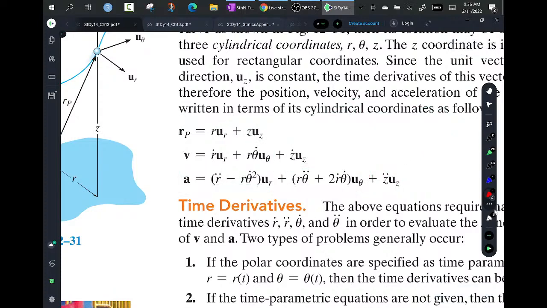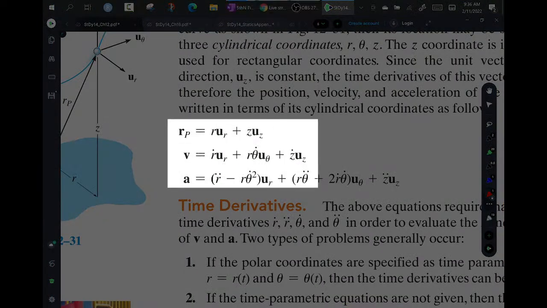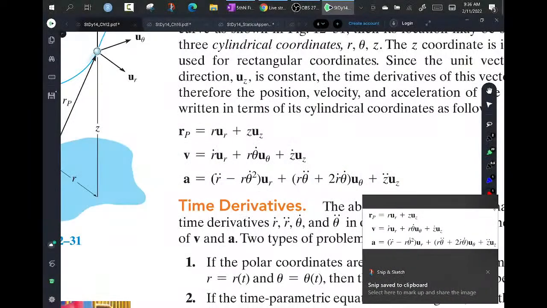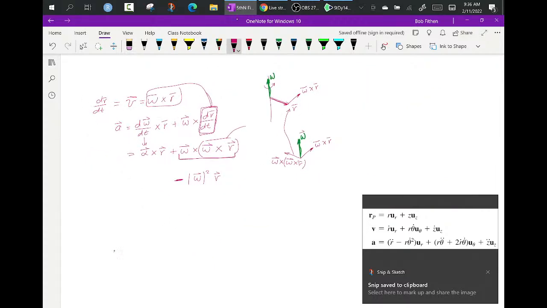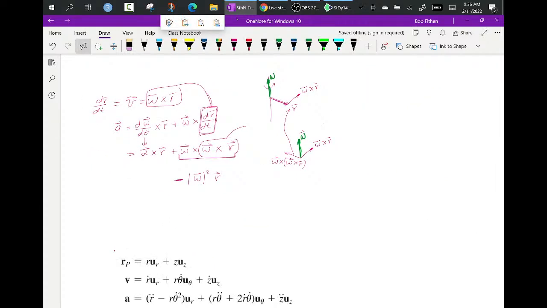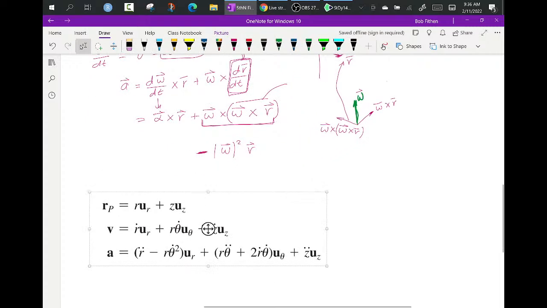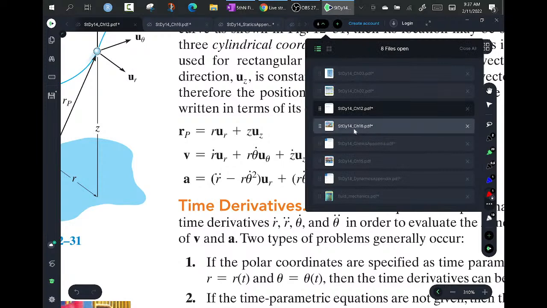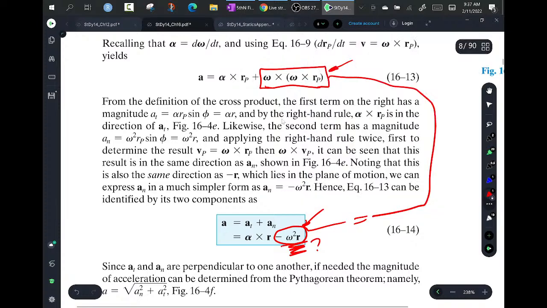Okay, so I'm just going to copy all of it. I'm going to go back in here. I'm going to drop it right here. And then even though I could just write these equations, I'm going to copy them officially out of the text here.